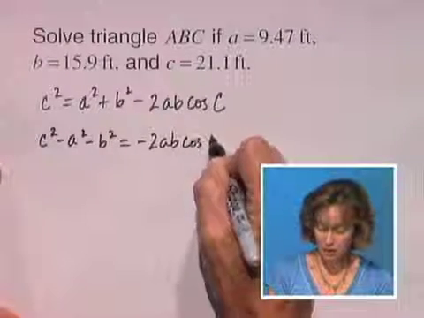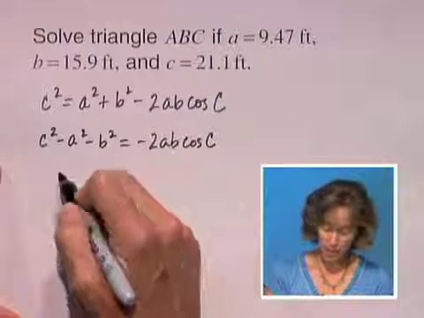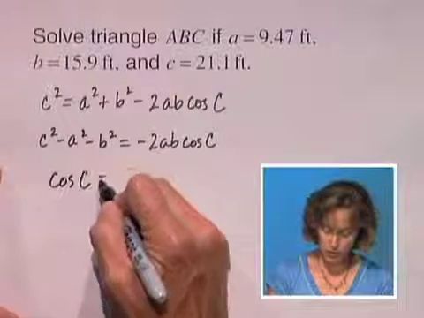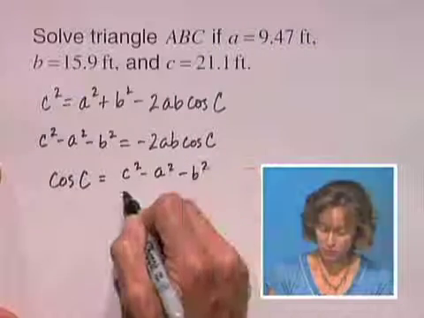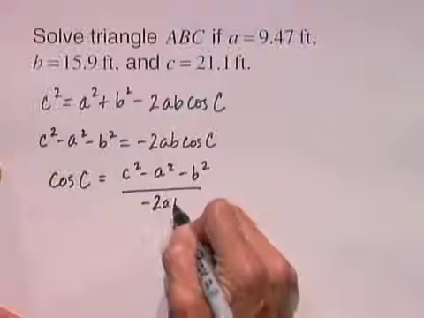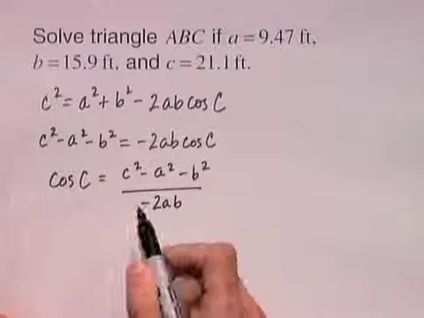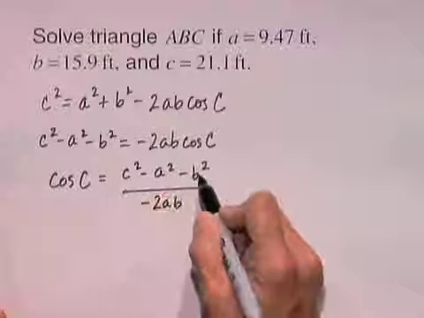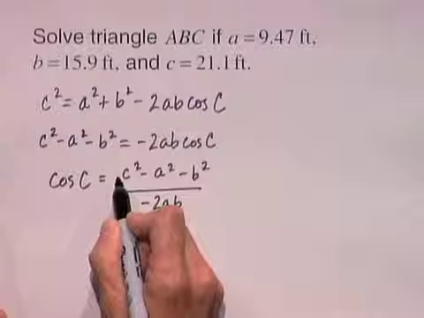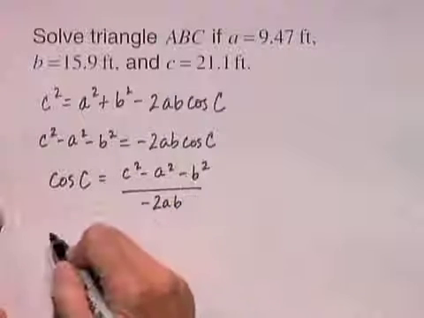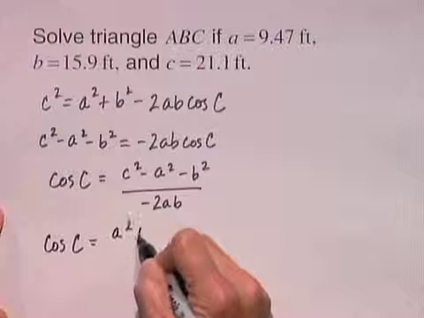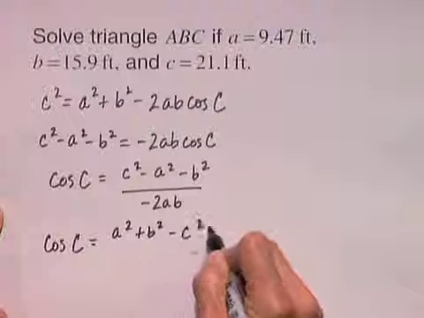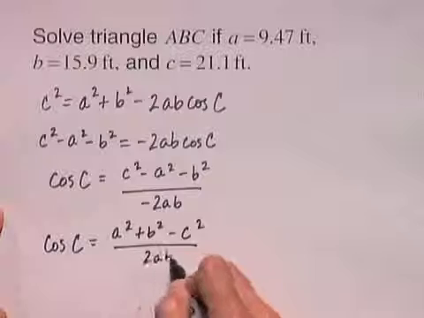and then divide by negative 2AB to get cosine C is C squared minus A squared minus B squared divided by negative 2AB. I can use this in this form, or I could pull the negative to the numerator, which will make the C squared negative and the A squared and B squared positive, which would look like A squared plus B squared minus C squared over 2AB.